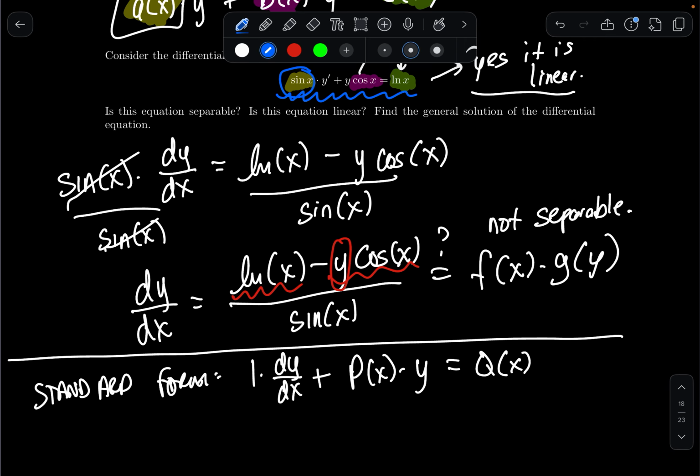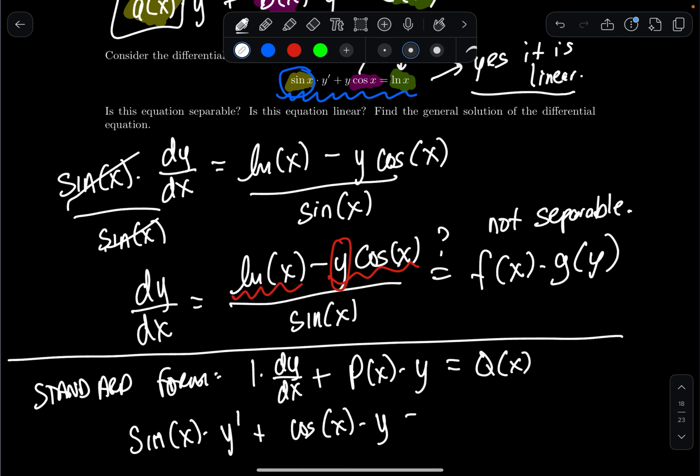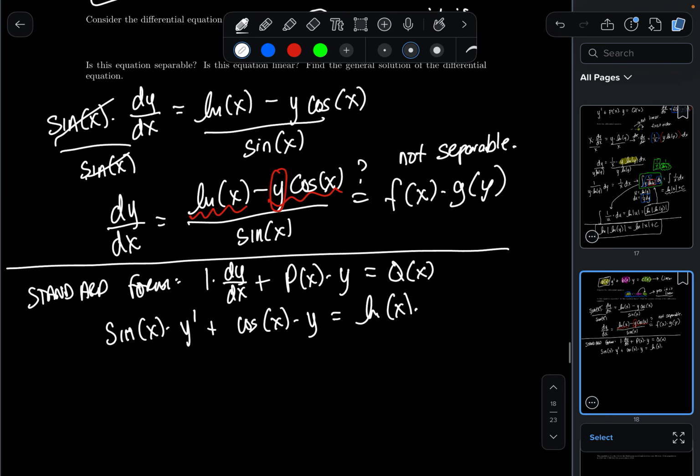The given differential equation is not in standard form because of this sine of x term. Okay, so we need to go ahead and divide everything through by the sine of x. So let me rewrite the differential equation down here. So we have sine of x times y prime plus, I'm going to put that cosine in front, times y is equal to the natural log of x. Okay, and now let me give myself a little bit more room here.